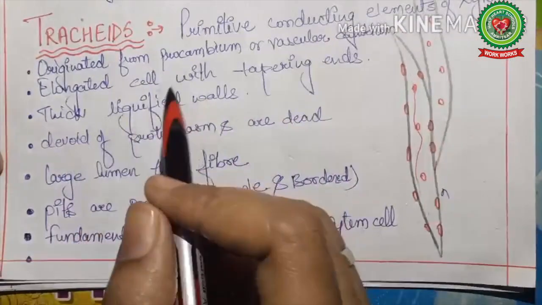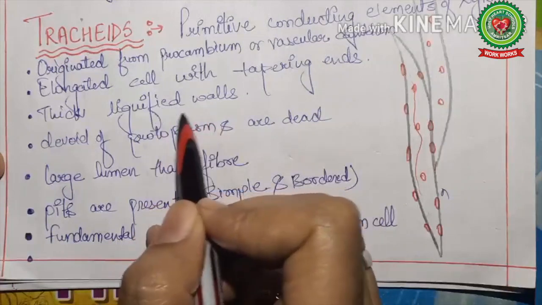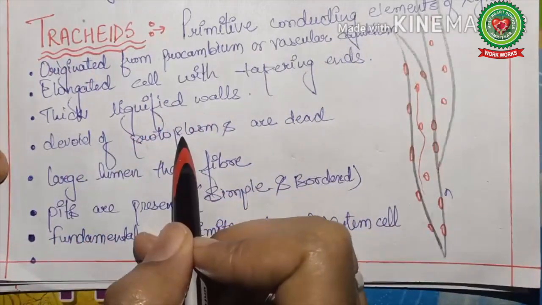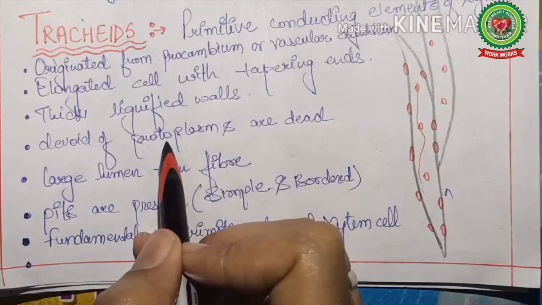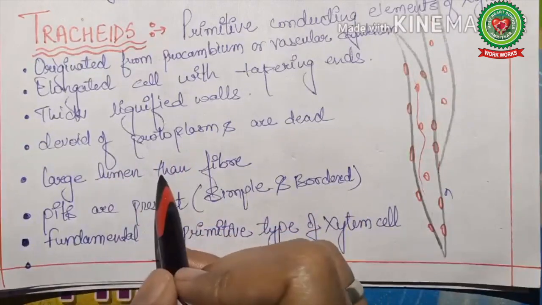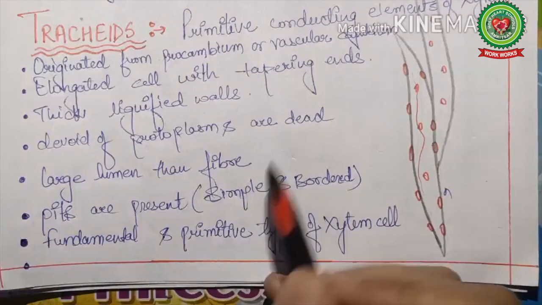Next, as we have already discussed, thick lignified walls make these cells dead. That is the reason they are devoid of protoplasm. As their interaction with the neighborhood cells decreases, they become dead. They have a larger lumen than fibers.